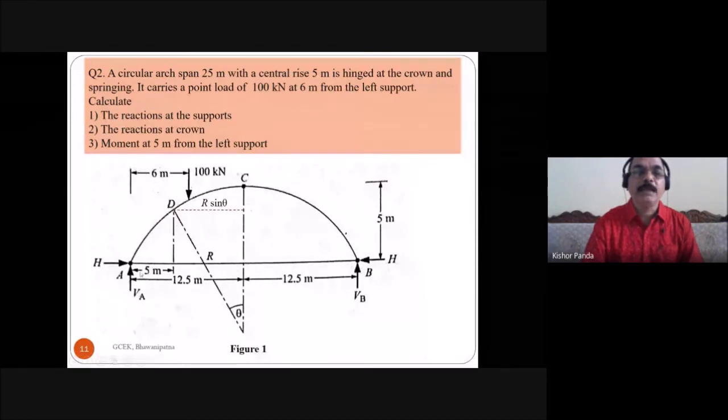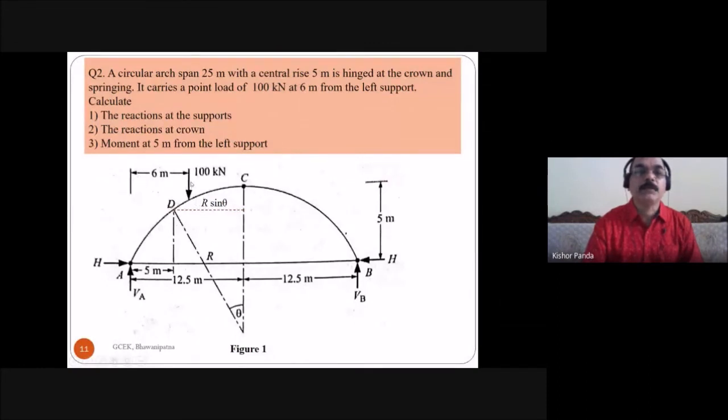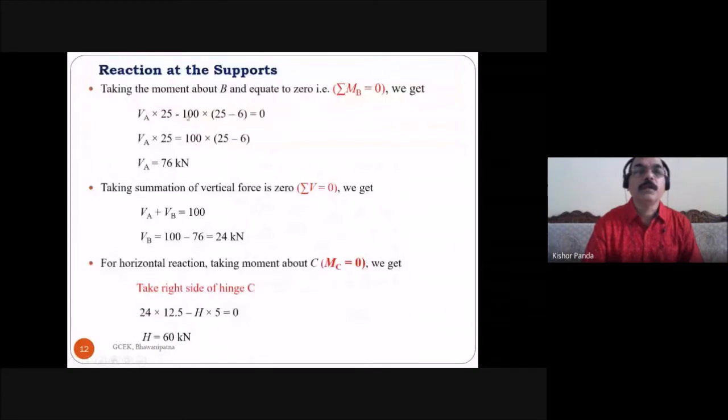So VA into 25 minus 100 into this length, 19, because this is 6 meters. VA into 25 minus 100 into 19 is equal to 0. Then VA is equal to 76 kilonewton.